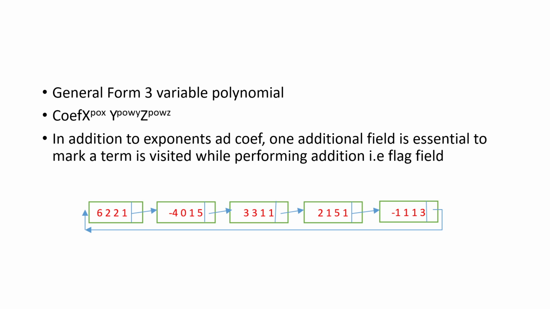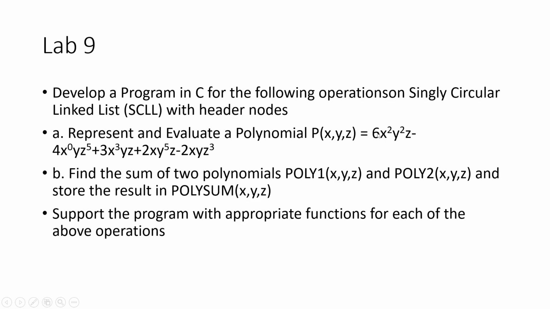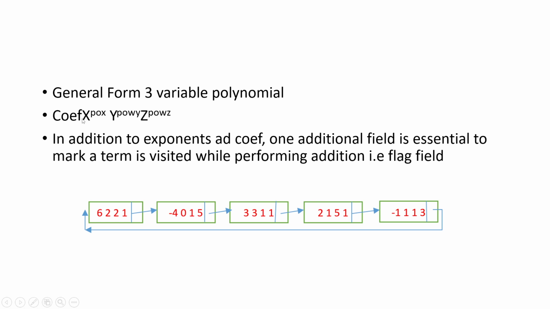In the case of a three variable polynomial, each term is of this form. The coefficient part, like in this case, this is the coefficient part. The variable x, its power. Variable y, its power. Variable z, its power. So coefficient, x and its power, y and its power, z and its power, like that.